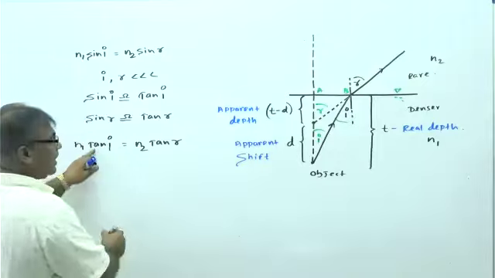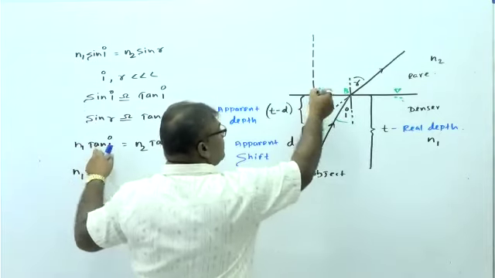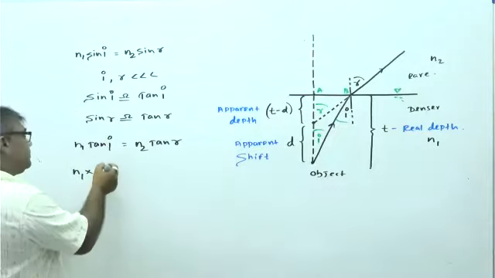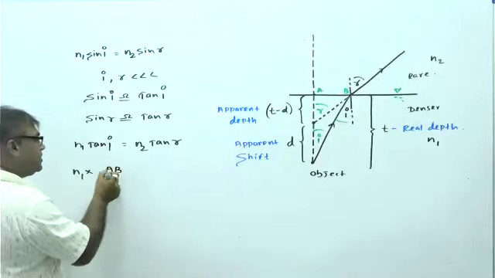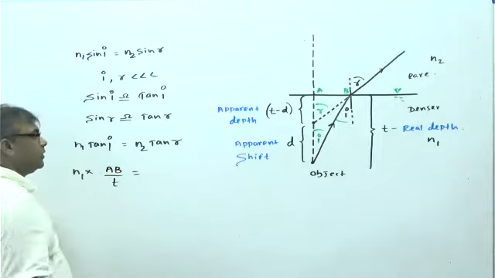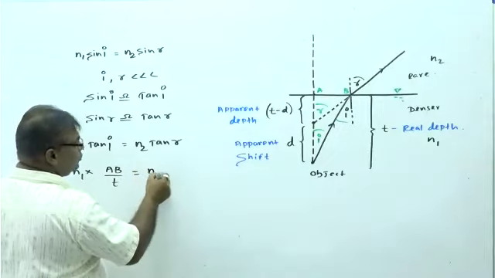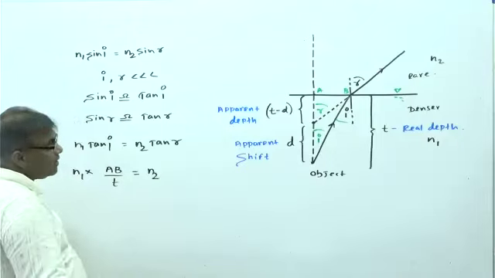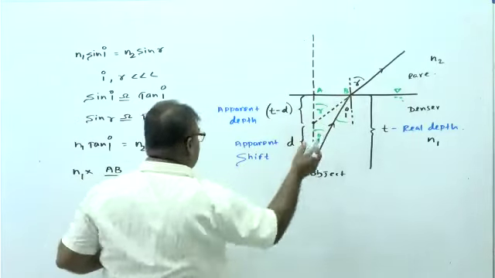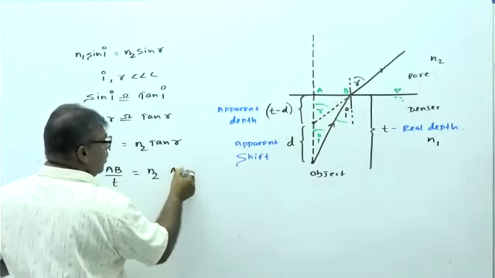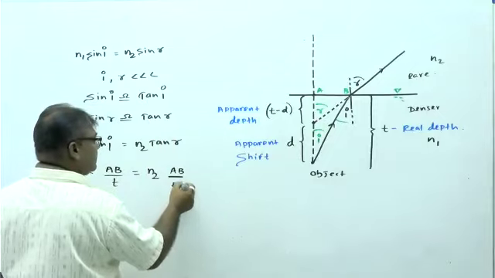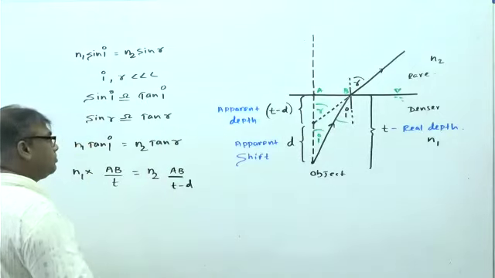Then tan I is written as opposite, base AB, over adjacent, from here to here, T. So N1 times AB over T equals N2, the second medium's index, times tan R, which is opposite AB over adjacent T minus D, no?